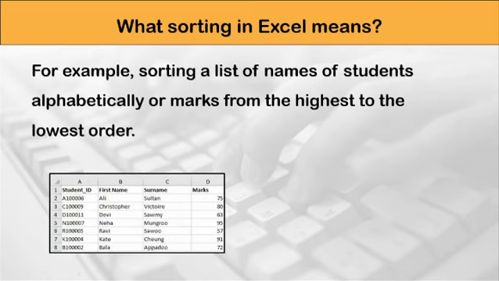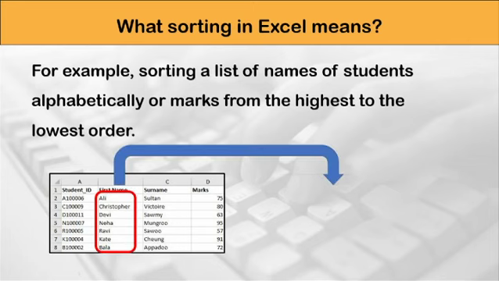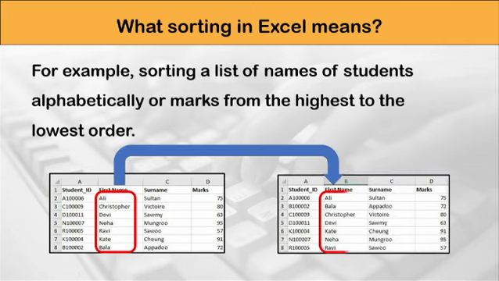Here we can notice a list of students with their names not sorted. After sorting takes place, we can see the same list sorted alphabetically in ascending order.